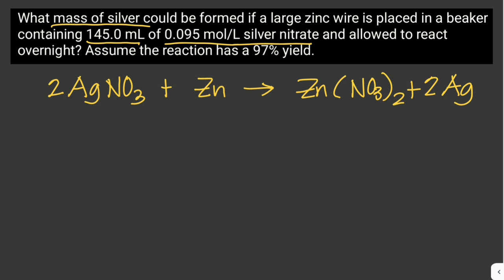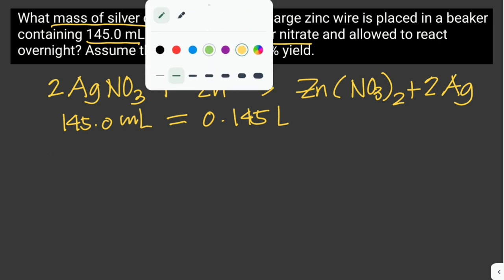Let's convert 145.0 milliliters to liter. This is equivalent to 0.145 liter. You just have to divide that by 1000 milliliters.